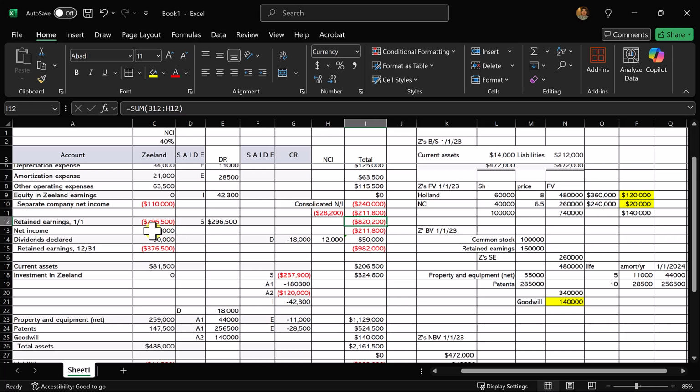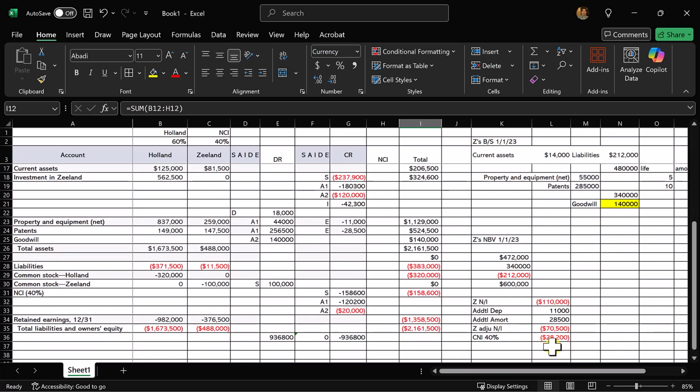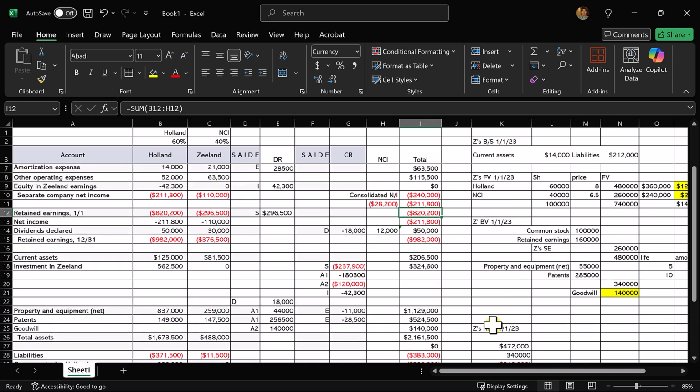And it matches it. So this number has got to match this. Again, all I did was copy the number off to the left column here, yeah? But I've reconciled it by going through this calculation down here, allocating to the 40% and minusing it out of the total consolidated group net income. Okay, so I know I'm on the right track here.